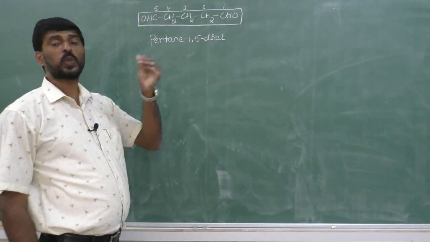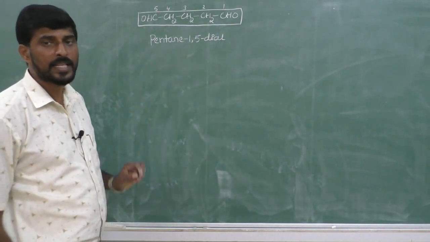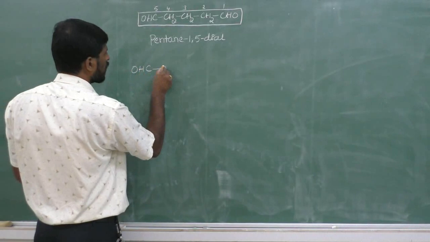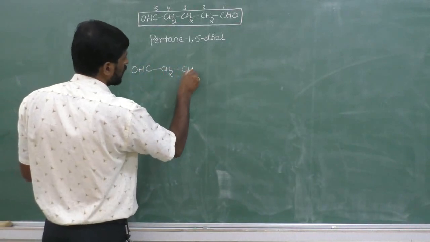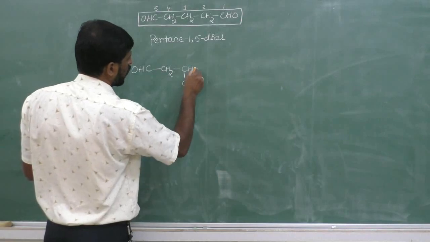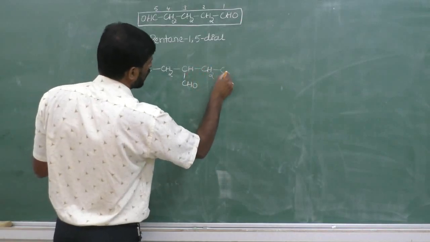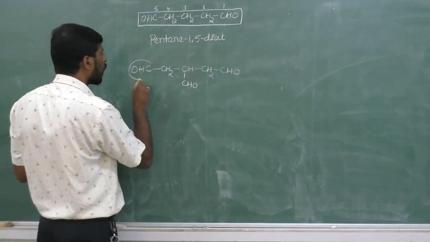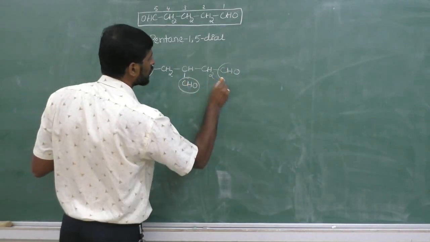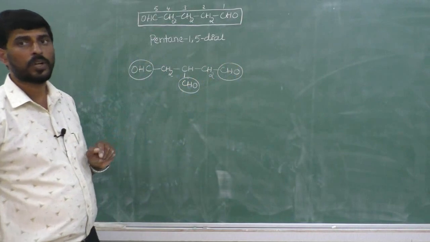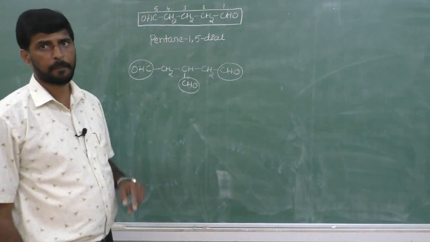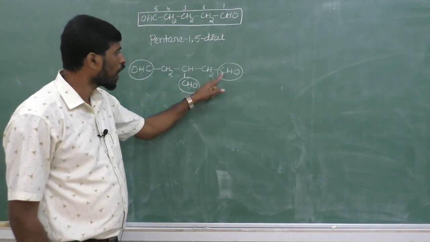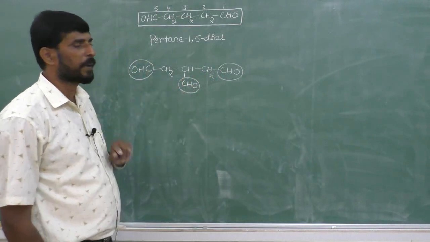Suppose more than two CHO groups are present in a single compound. For example, say CHO, CH2, CH, CHO, CH2, CHO. This is the compound. It contains three CHO groups, then we have to name it as carbaldehyde. When it is named as carbaldehyde, please remember we should not include this carbon atom in the parent chain.